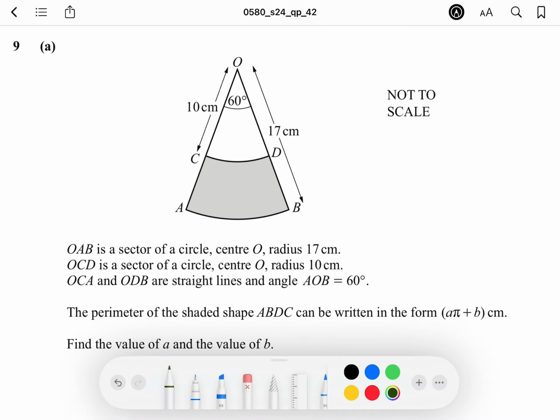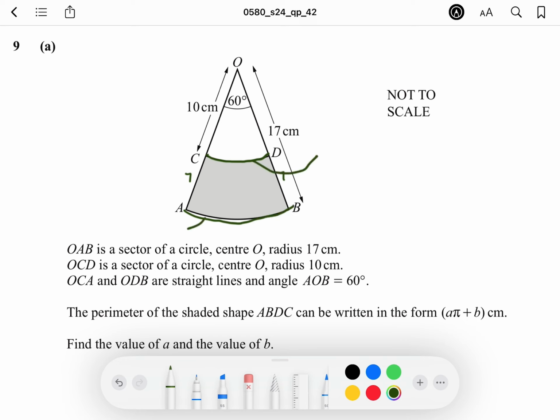Kenapa 7, Amir? Correct. And because part of it already 10, so the remaining is 7. Which means the other side is also 7. That means for the perimeter, you just need to find this perimeter and this perimeter.